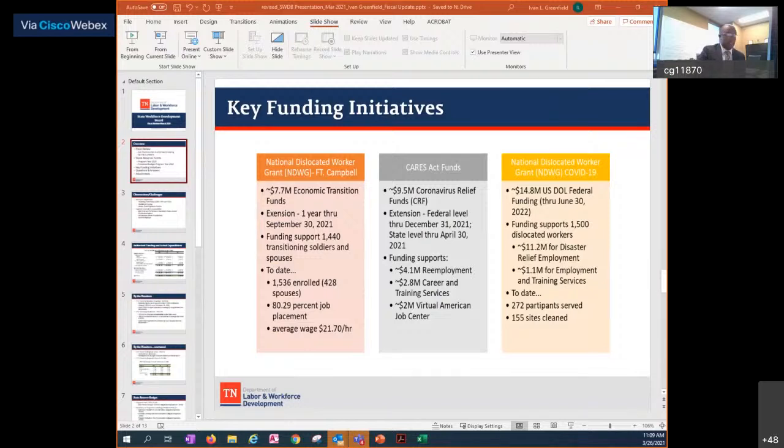Also, we received CARES Act dollars. We talked about this in the last budget meeting, of 9.5 at the agency level, or at the divisional level, I should say. Of those funds, 4.1 went to really being utilized to support connecting participants to work, getting them back to work quicker, and supporting on-the-job training and upskilling of workers at the employer level of $2.8 million.